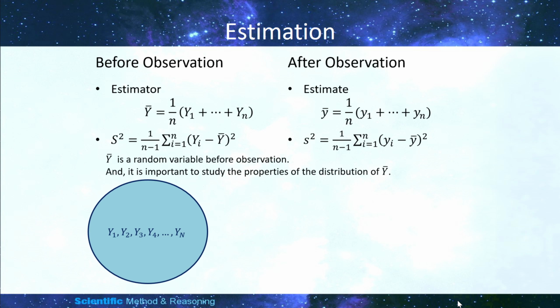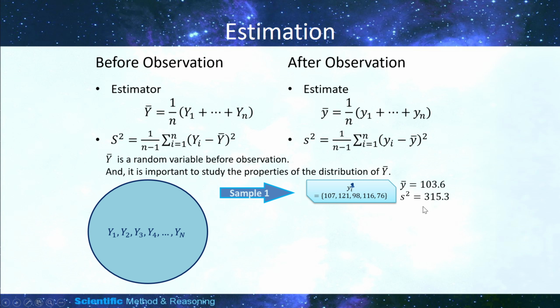For the first sample, we have a random sample of size 5, with observations 107, 121, 98, 116, 76. We can calculate the sample mean based on this estimator. The sample mean is 103.6, and the sample variance based on this formula can also be calculated to be 315.3.